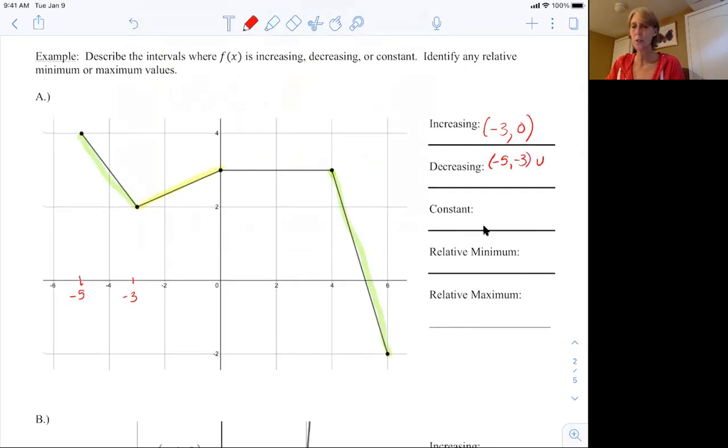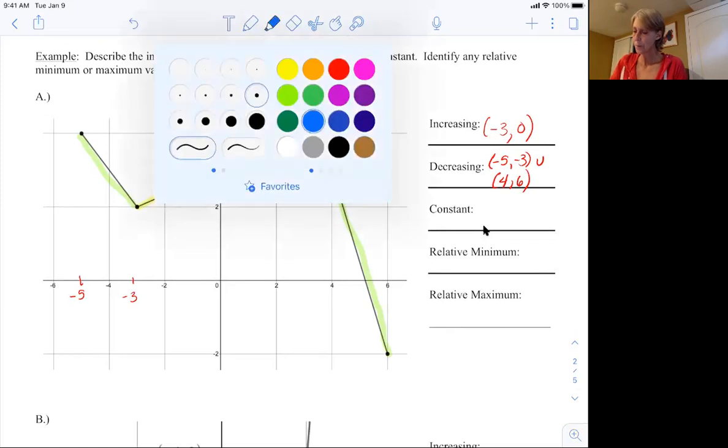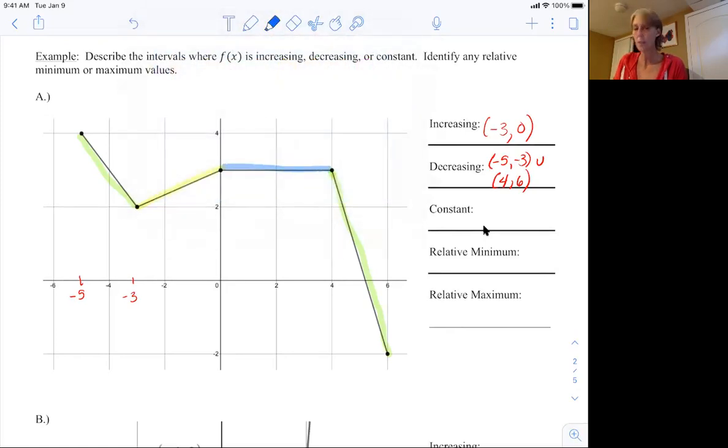And we're going to union that with 4 to 6. And our function is constant in this section here, and that occurs on the x-axis from 0 to 4.